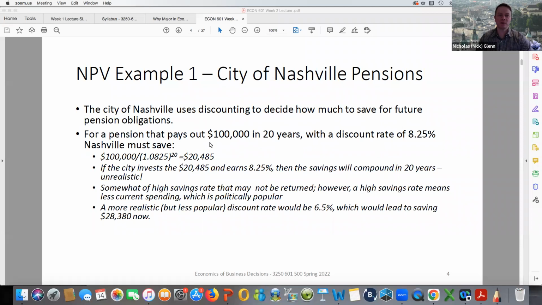You use this present value formula. What discount rate do you use here? At first they're given a discount rate of 8.25%. So we want to know what's the present value of 100,000 20 years from now with a discount rate of 8.25.